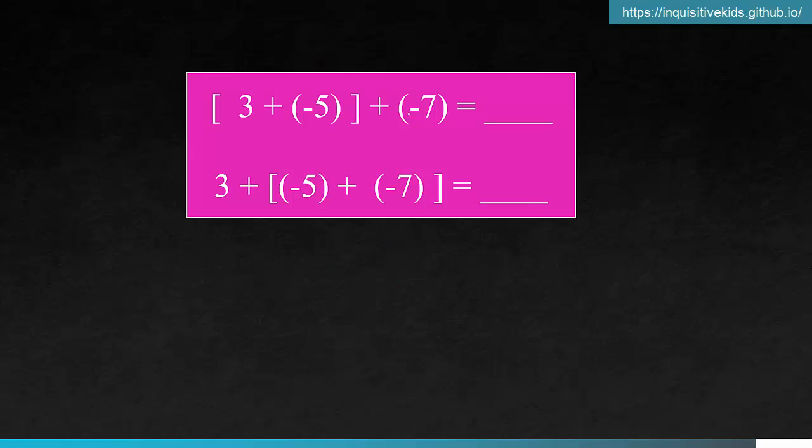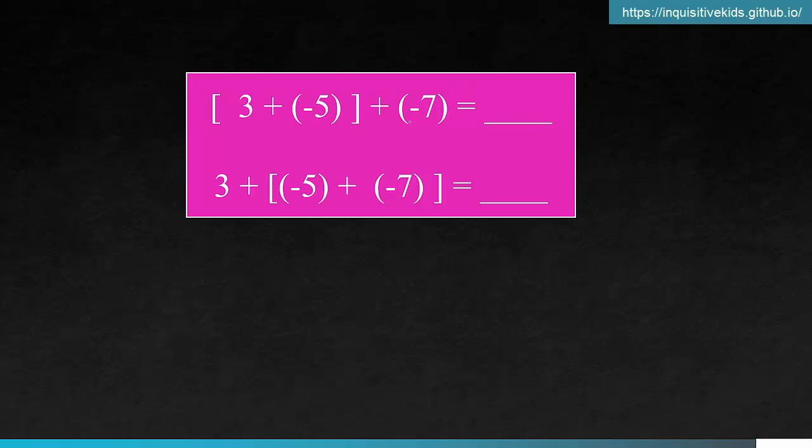this is also equal to 3 plus negative 7, which is also equal to 4. On this slide, we have open bracket 3 plus negative 5 close bracket plus negative 7, and also 3 plus open bracket negative 5 plus negative 7 close bracket.